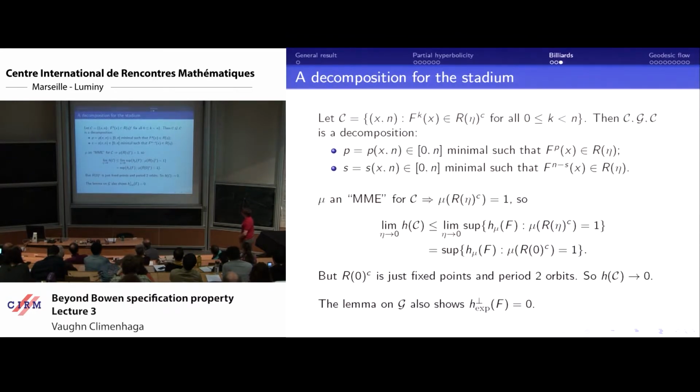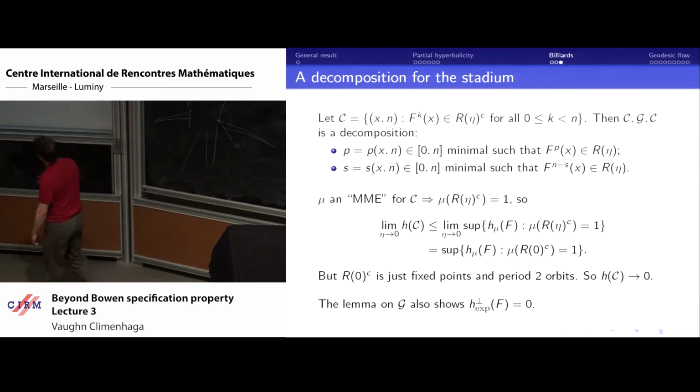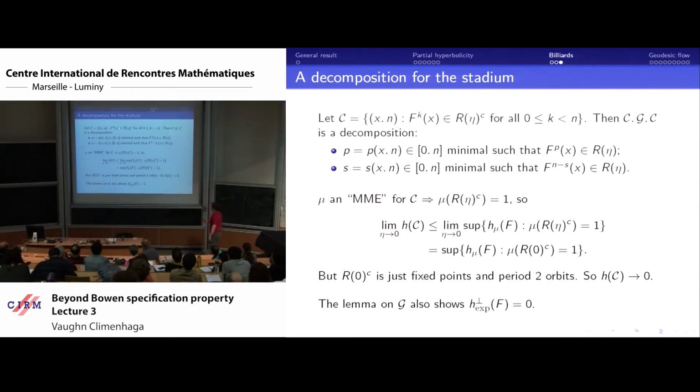So, to define a decomposition, the good things were the things which start and end in a particular region, so I should consider as the prefixes and suffixes the things which always remain in the complement of that region. So C is the collection of orbit segments which for their entire duration are outside of R eta.